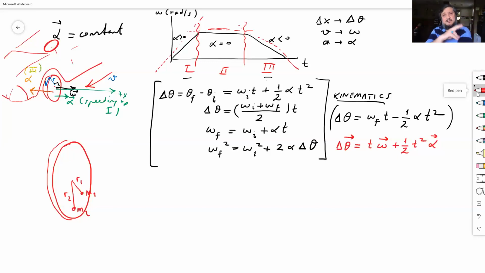So there are two types of motion here, rotational and translational. And if the object has kinetic energy, I will need to take into account the contributions from both. For now, let's just focus on the rotational part of it.